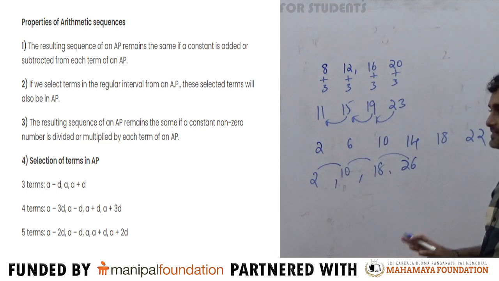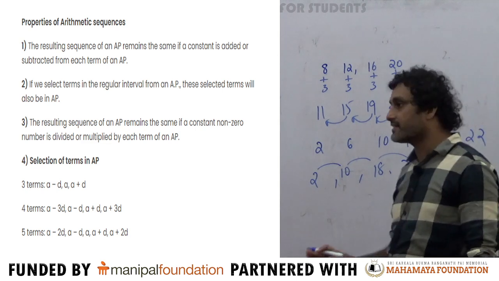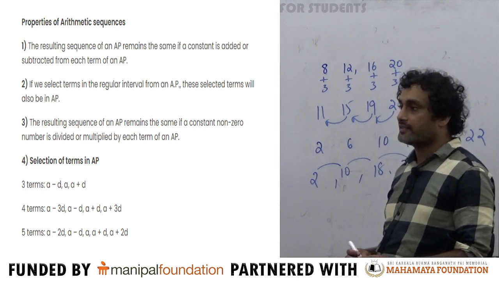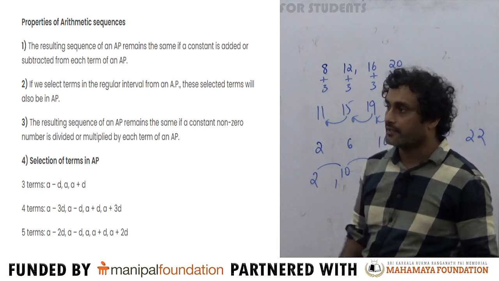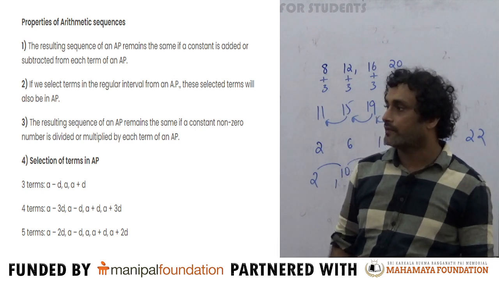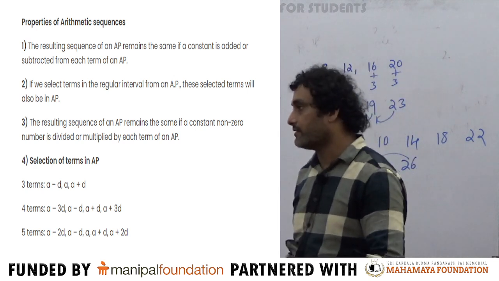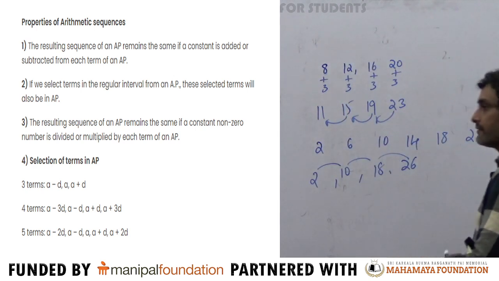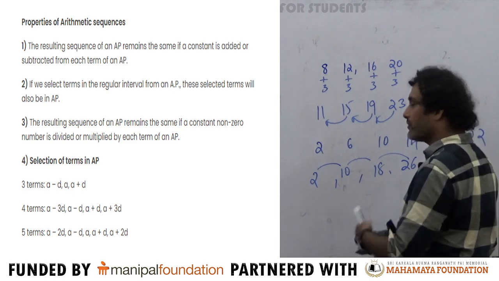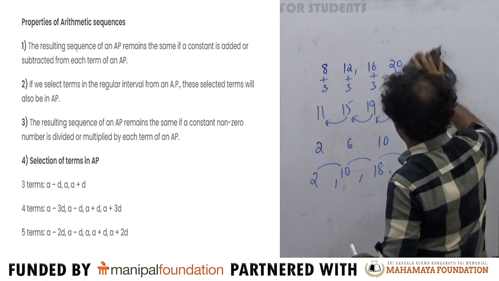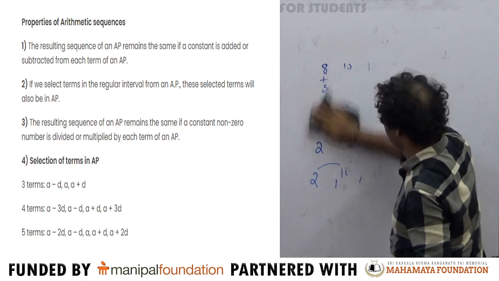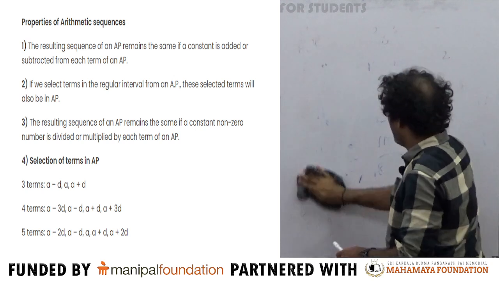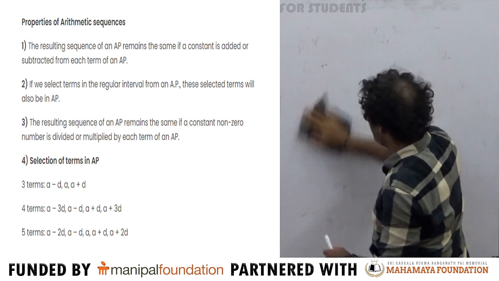So when the difference is the same, it is a common difference, it is an AP, done. Is that okay? Yeah. Sometimes the third one, right? It remains the same if you divide by one same number also, or multiply by the same number, no difference. Okay, now next one.